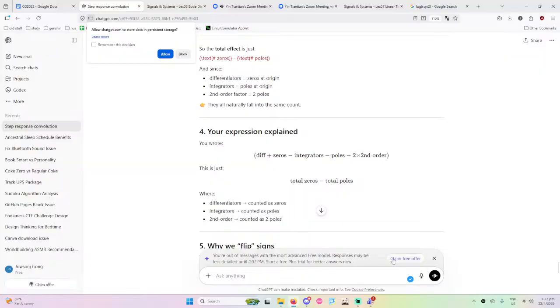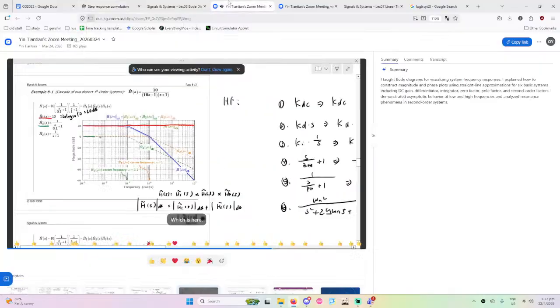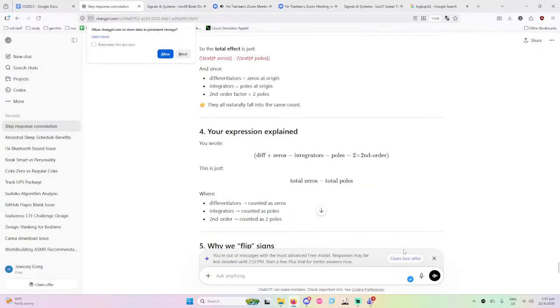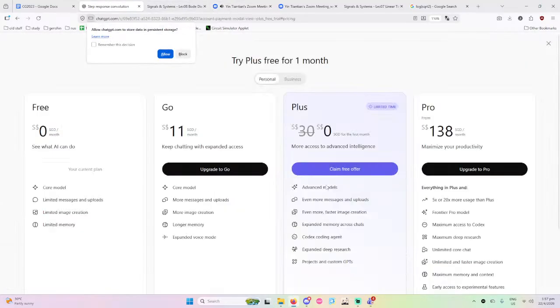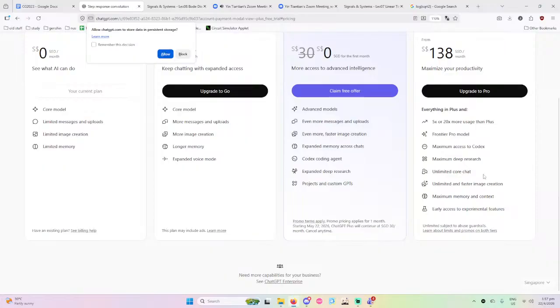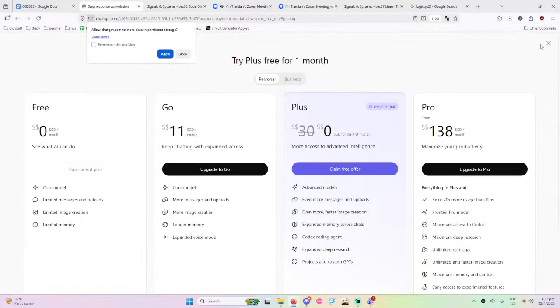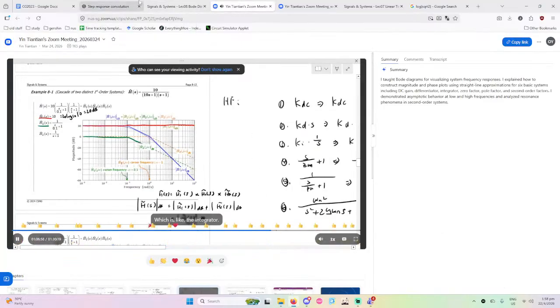Initially, it is equal to 0 dB, which is here. And the slope change will happen at omega equal to 0.1. After that, the slope of the straight line will be equal to minus 20 dB per decade, which is like the integrator.